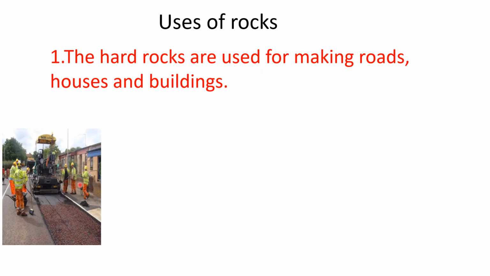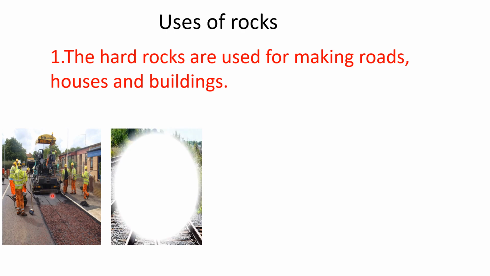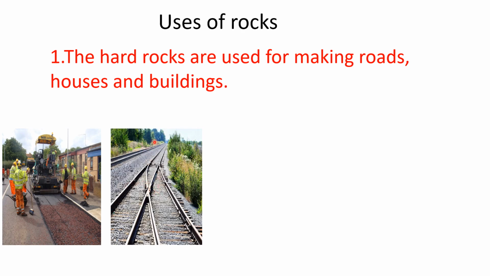In this picture, you can see that some workers are making roads and they used rock materials to make the roads. In another picture, rock material is used to build the railway tracks.